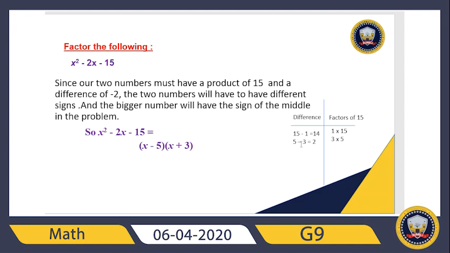Here which is bigger, 5 or 3? 5 of course. So 5 will take the negative sign, and I will put it beside the negative sign in my bracket. So x minus 5. What about the 3? The 3 will go in the other bracket beside the positive sign.